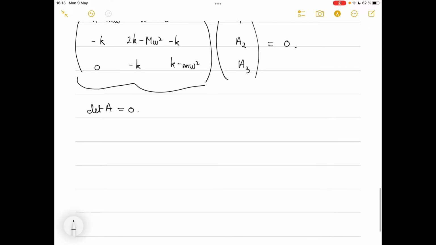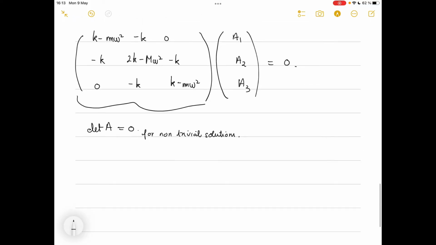So det A equals 0 for non-trivial solutions. We want to solve this determinant equals 0 for omega. This will give us the frequencies of the normal modes of oscillation. And once we know each frequency, we can find its corresponding normal mode, which will be given by this a1, a2, and a3.